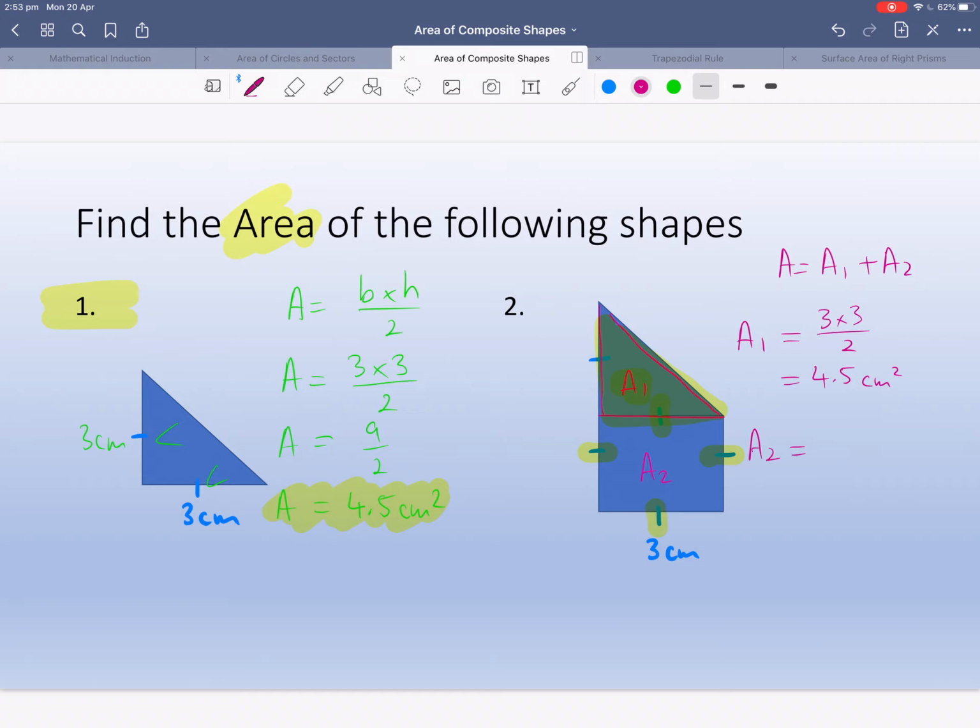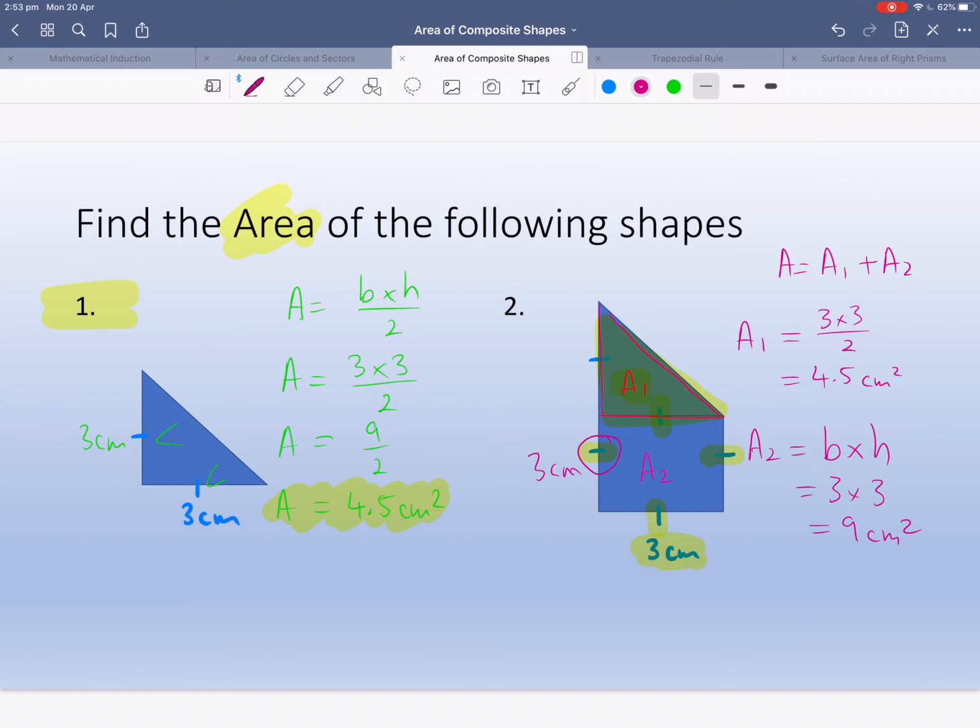A square is a type of rectangle, and we know that a rectangle is just base times height. The base of this is 3. What's our height? It also will be 3 centimeters because of this symbol here. So 3 times 3 equals 9 centimeters squared.